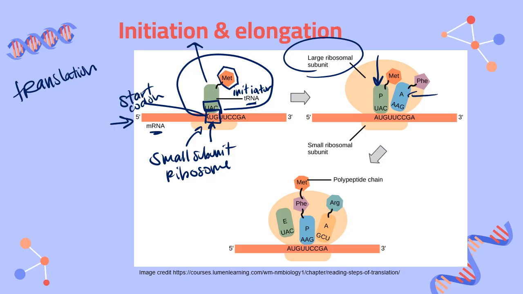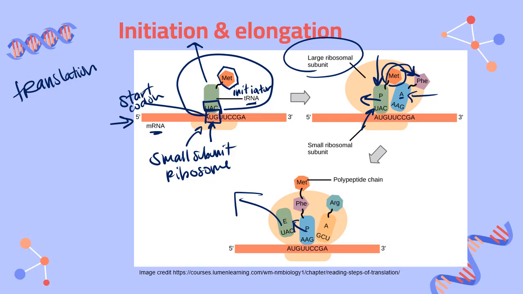A second transfer RNA is going to slide into the A site, and then the ribosome is going to move methionine amino acid over to phenylalanine in this example. The ribosome is going to catalyze the formation of a peptide bond between those two amino acids. This initiator transfer RNA is now going to slide over to the E site and exit.